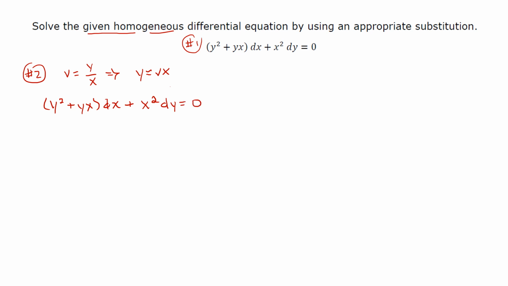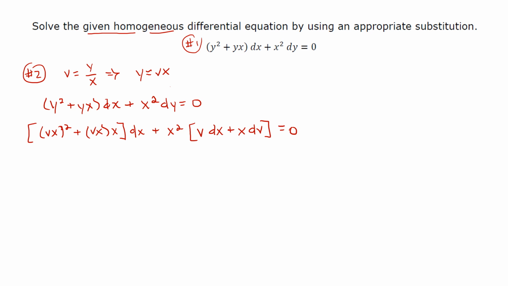Okay, so in the first part here, we know y is vx, so this would be (vx) squared, plus y is vx times x, dx, plus x squared dy would be v dx plus x dv, which equals 0.